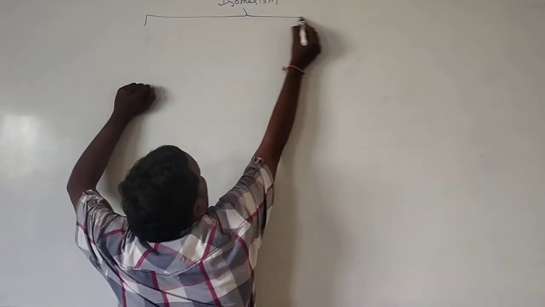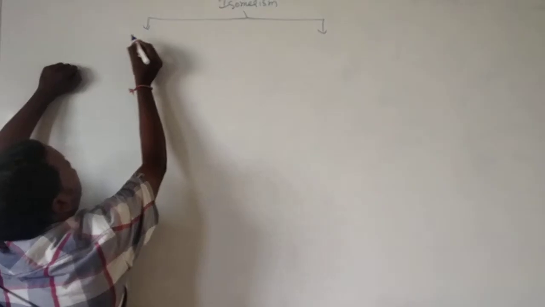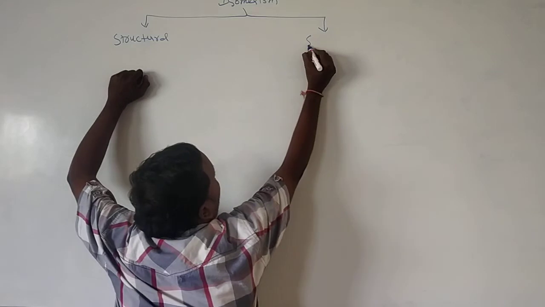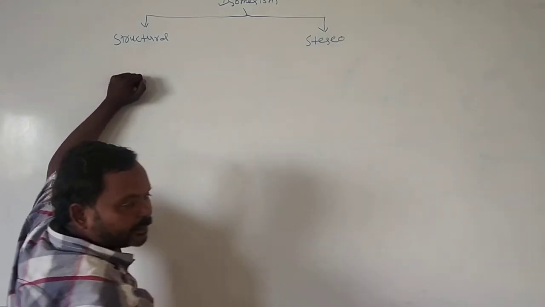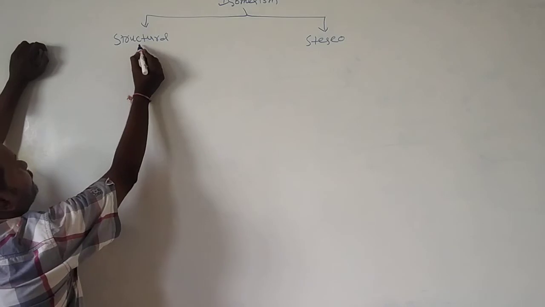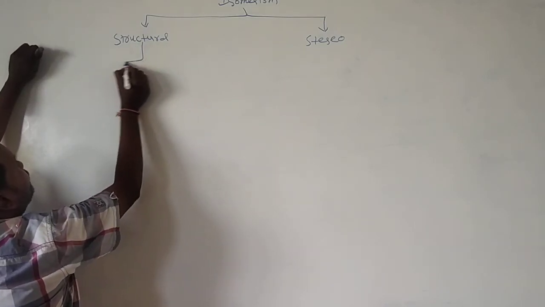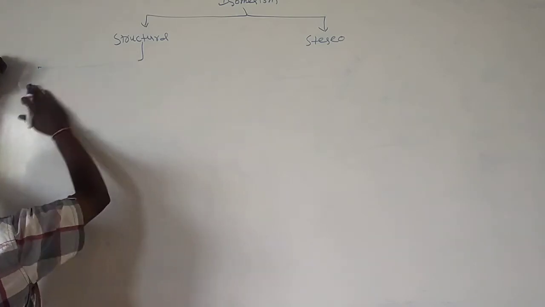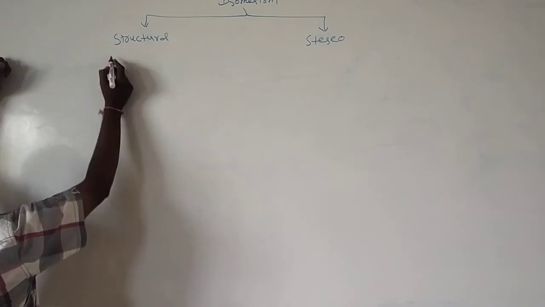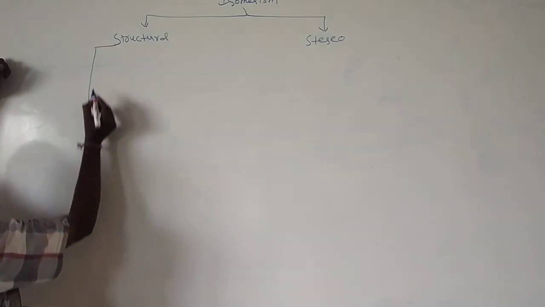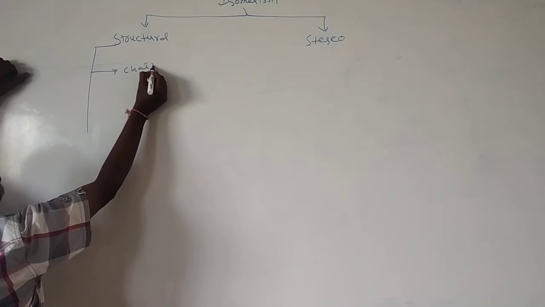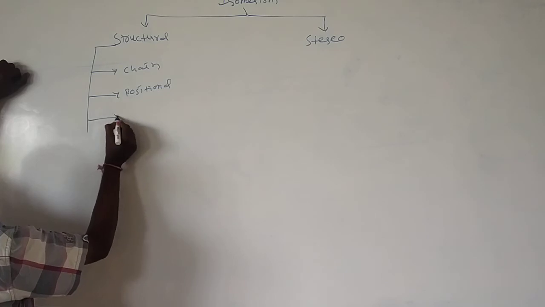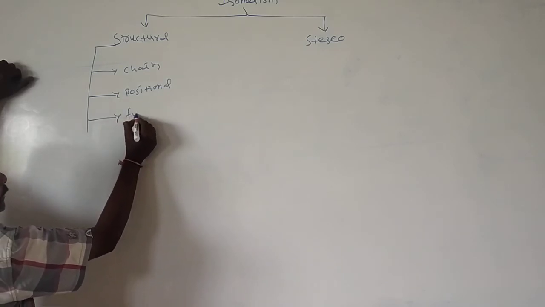Isomerism, two types. One is structural isomerism, and the other is stereo isomerism. I don't want to go into further explanation. Structural isomerisms are 7 types. First, chain isomerism. Second, positional isomerism. Third, functional group isomerism.